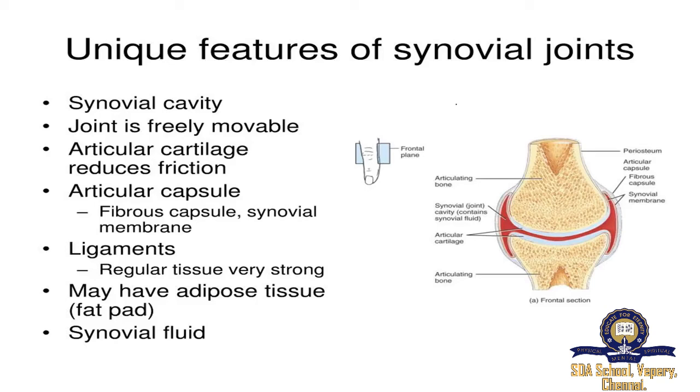With the help of the fluid they move, and they have fibrous capsules. The synovial membrane lines the joint and secretes synovial fluid. So on the whole, the synovial fluid as well as the fibrous capsules help the fine movement of the knee in our body. This is called a synovial joint.